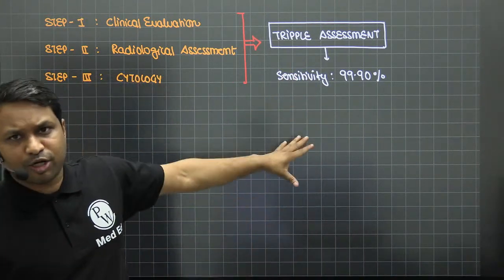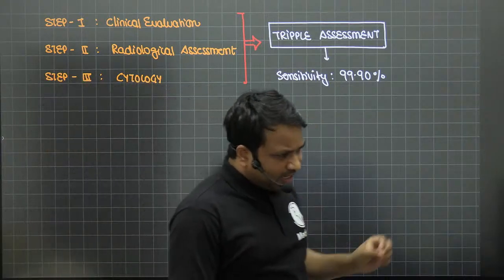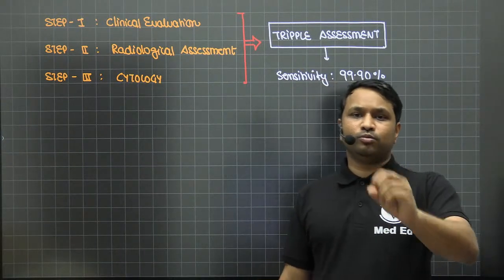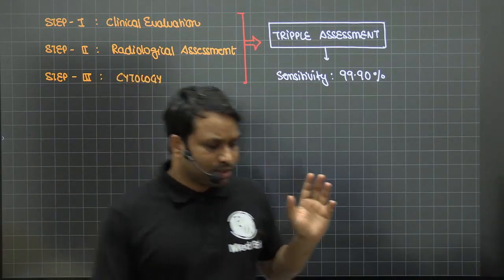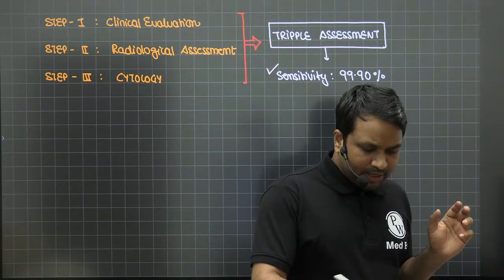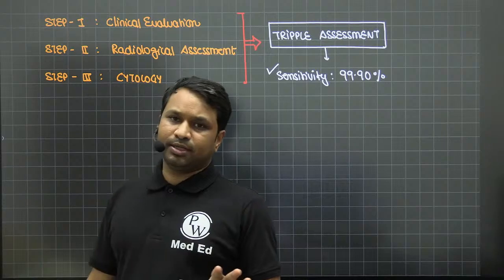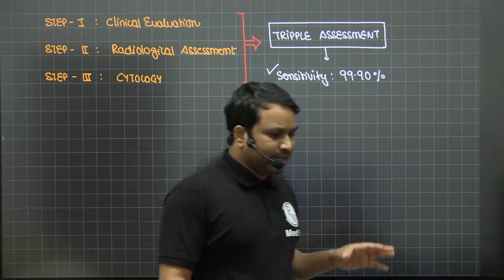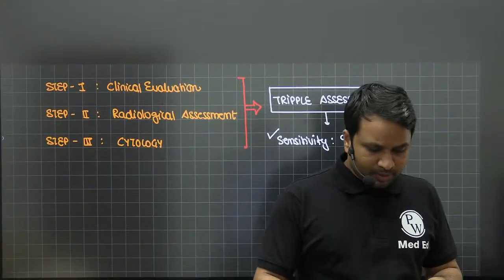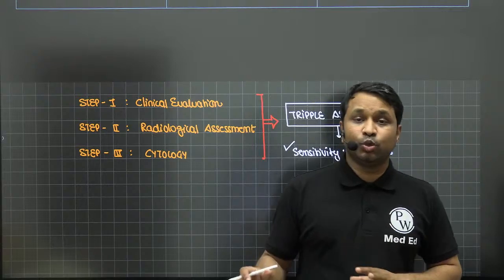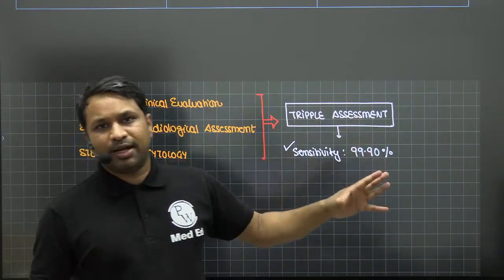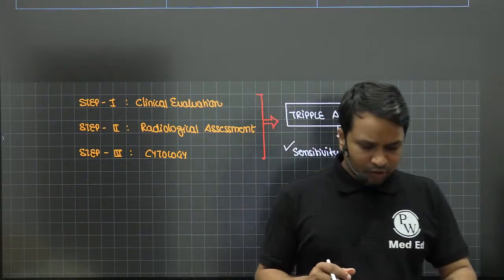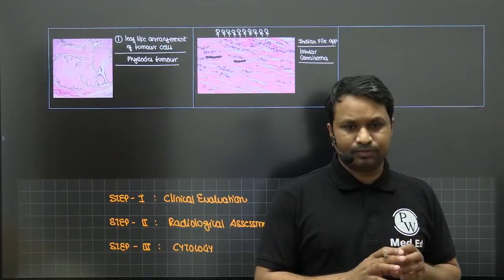That means if you follow a triple assessment protocol, it is very unlikely that you're going to miss a diagnosis. So this is in the assessment of a breast lump from the beginning to the end.